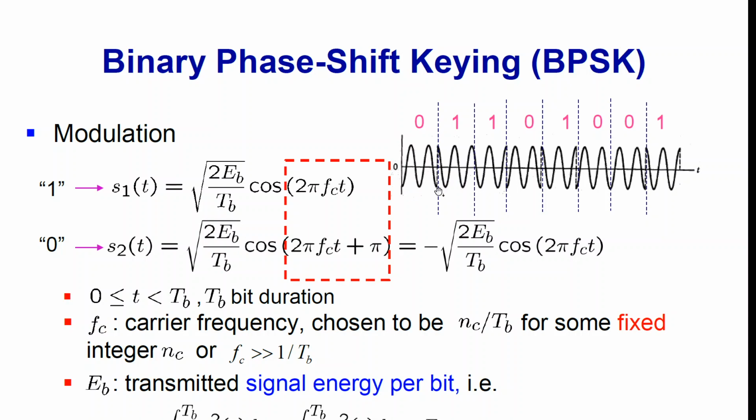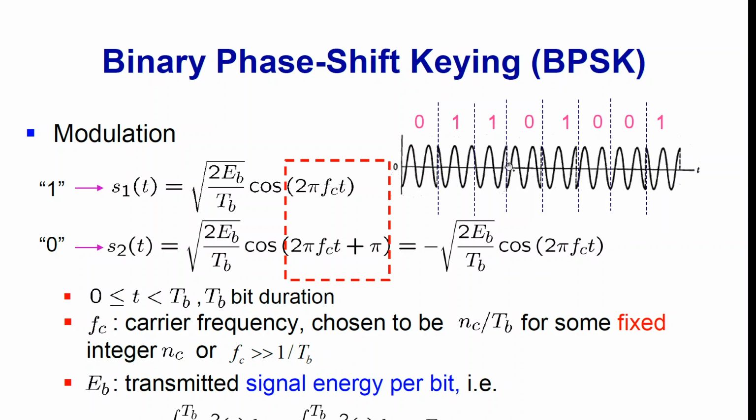So earlier the cosine wave was starting from here, that was for 0. For 1 there is a 180 degree phase shift, so it should start from here and it ends here. Then again it is 1, so the same. For 1 it is starting from here and ending here.